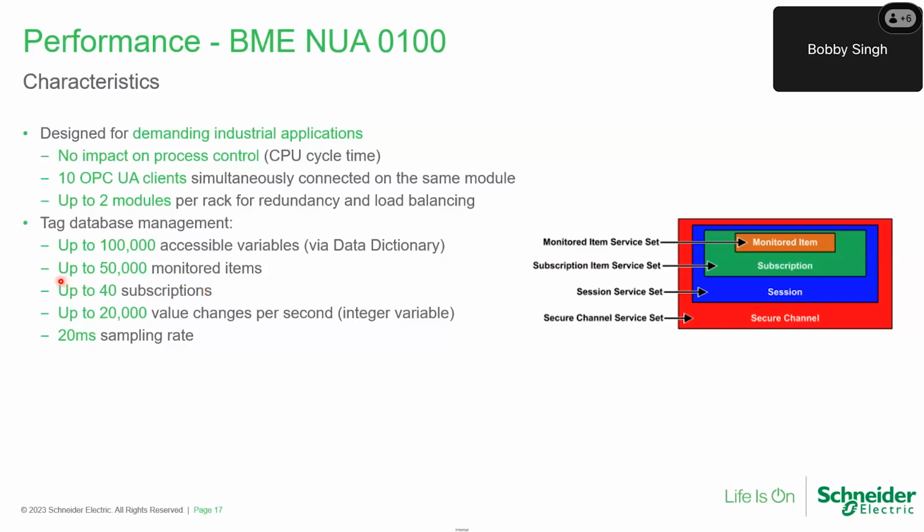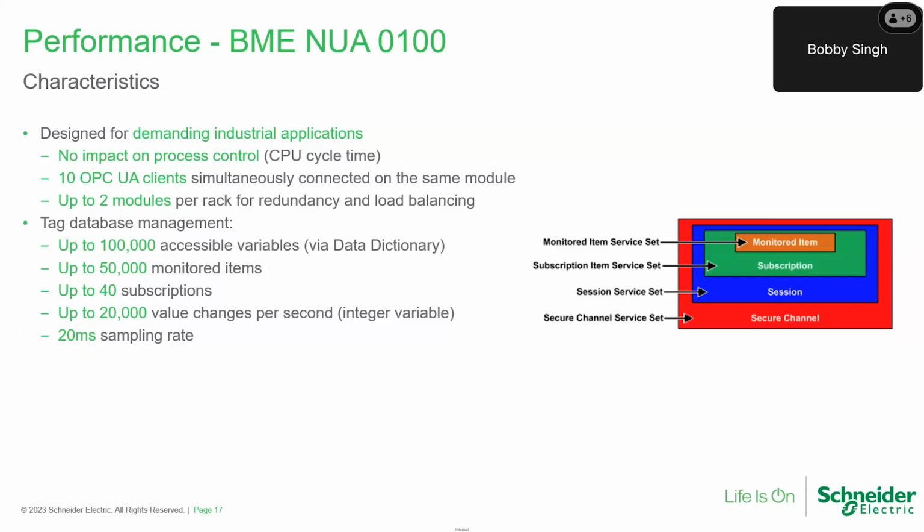But as far as numbers go, the server can monitor up to 50,000 items. It could have up to 40 subscriptions at the same time. And in those items, it's looking for up to 20,000 value changes per second, and this is based on integer variables. As far as sampling rate goes, it gets as low as 20 milliseconds.